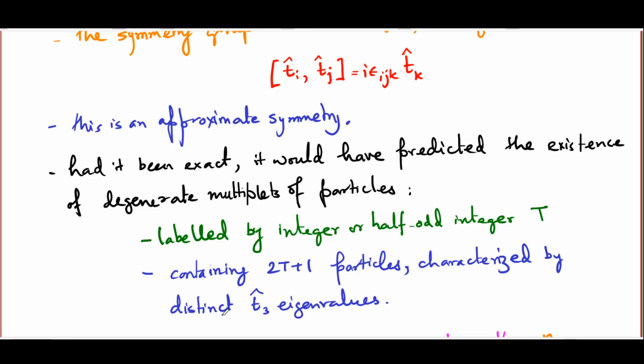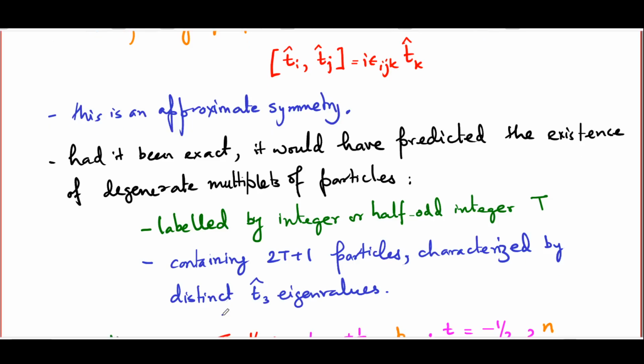Each of these multiplets will contain exactly 2T plus 1 particles, and each of these particles will be characterized by having different eigenvalues for the T3 operator. This eigenvalue, just called T3 without the hat on top, is going to label the different states of this superparticle, or will essentially give you each of these particles as separate identities.